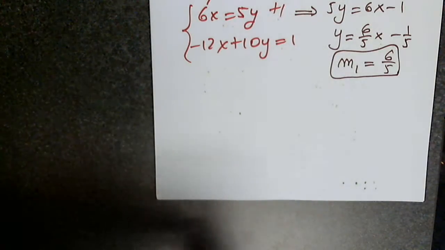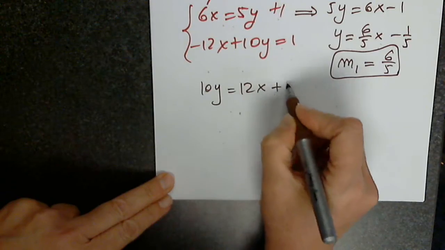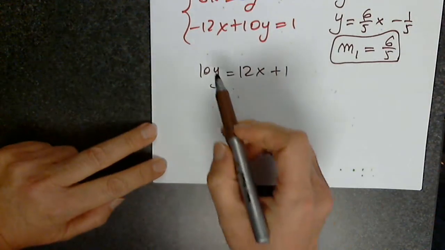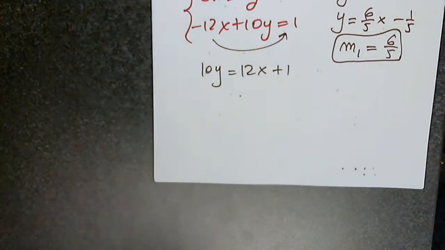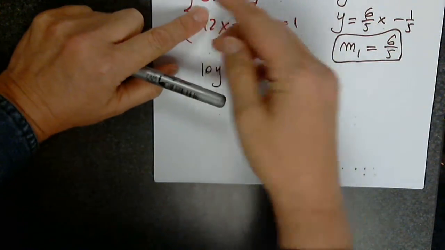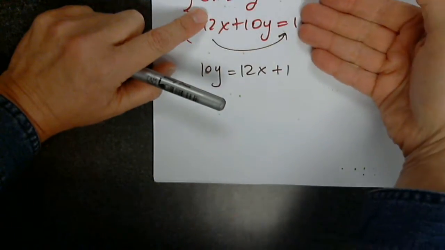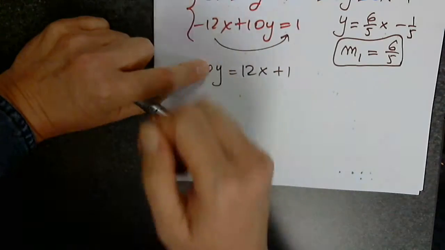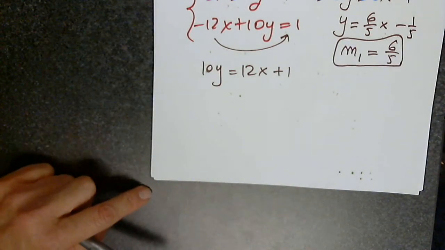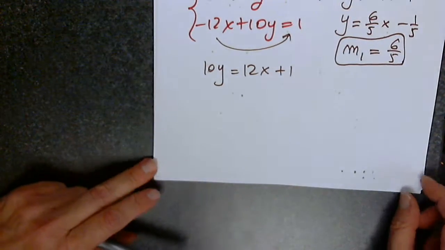So then I have 10y equals 12x plus 1. I moved 12x to the other side. Didn't you subtract 6x? No, I subtracted 1 and I read the equation from here. So I subtracted 1 and said 5y equals 6x minus 1. And now what?